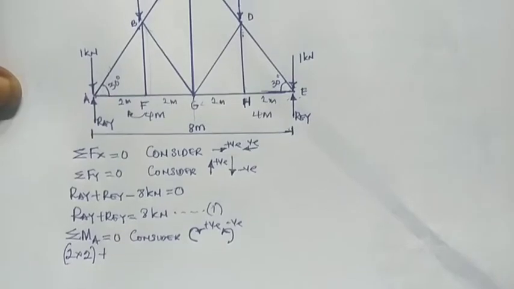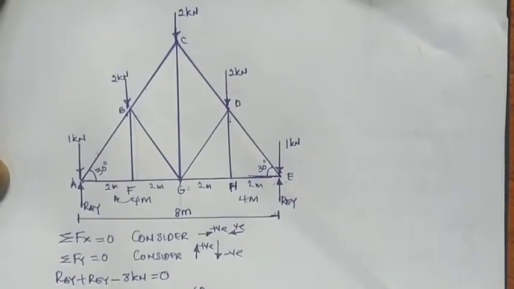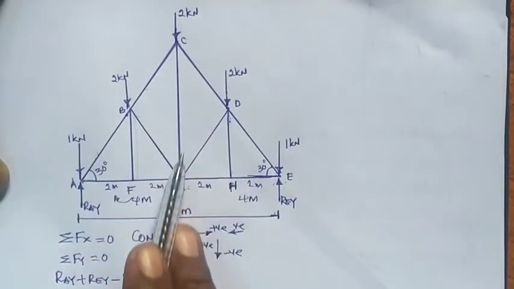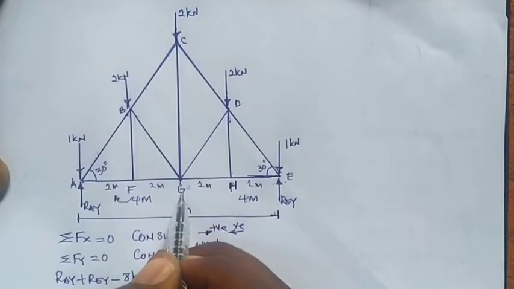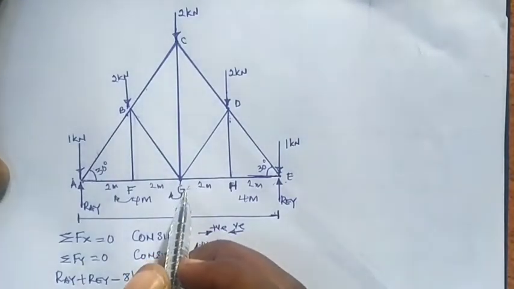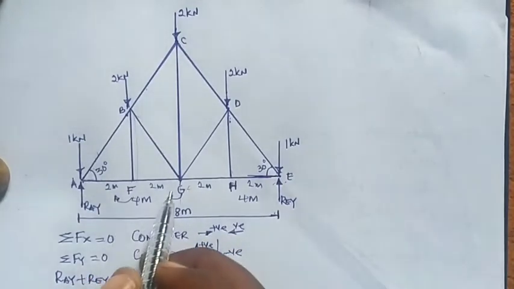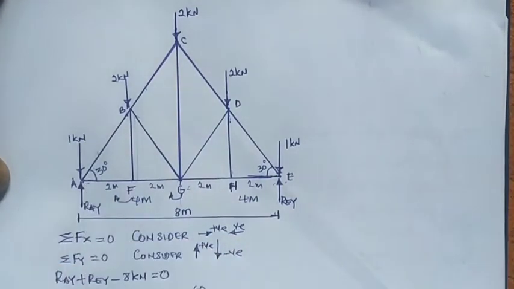Plus, if you go to the next one, this 2 is also coming clockwise, positive. So it will be 2 times the distance from here to here, which is 4.